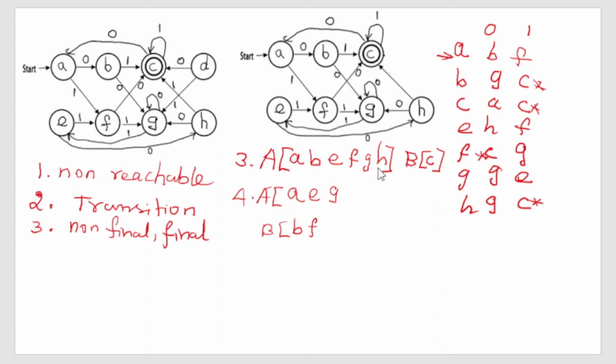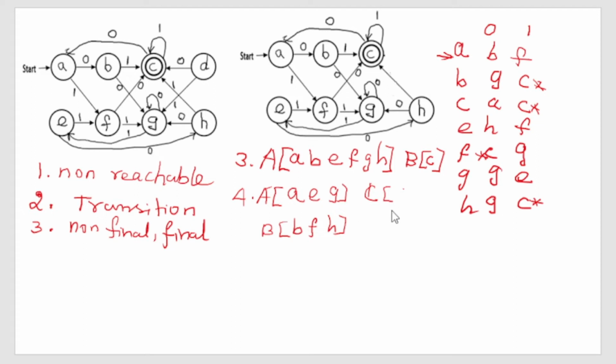And take H. H's transition on 1 is G and C, which is in a different group. So let me place H over here, and the new group is B, which contains F, H, and G, and the next group is the set of all final states, that is C. Let me mark it as C.